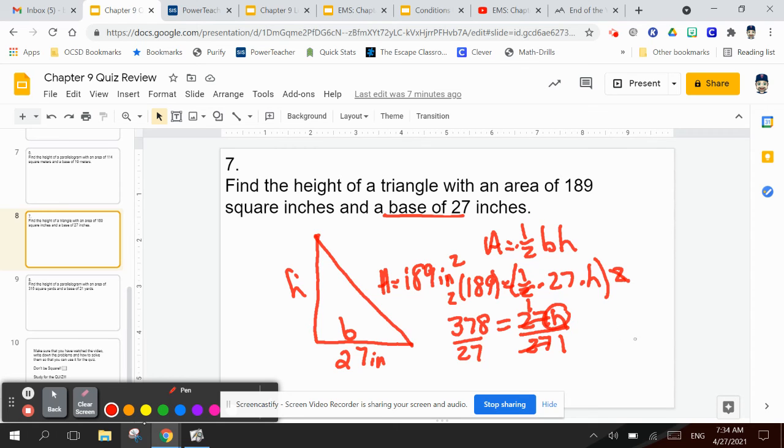I'm left with my variable h equals 378 divided by 27. If I do that on my calculator, I get 14, and inches is my label. So the height is 14 inches.